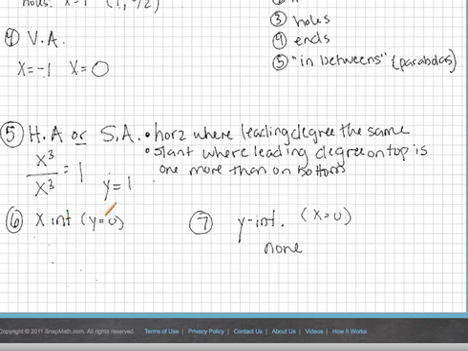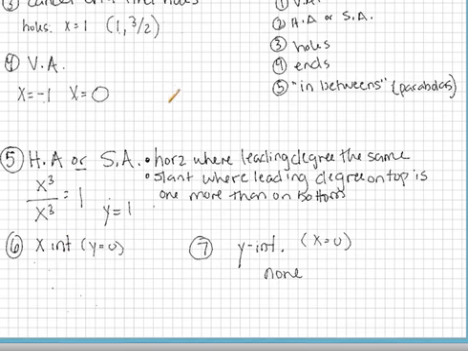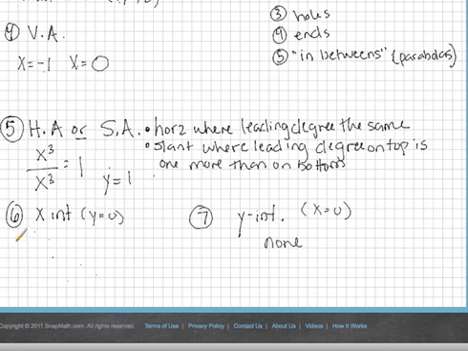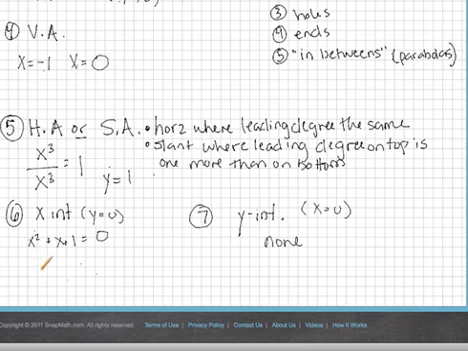Now let's plug in y equals 0 to find our x-intercepts. If we plugged in y equals 0 over here, we could cancel the denominator theoretically, and we would end up solving the equation x squared plus x plus 1 equals 0. Now to see if this even has a solution, I'm going to use what's called the discriminant. The discriminant is the square root part of the quadratic formula, so it's the square root of b squared minus 4ac.